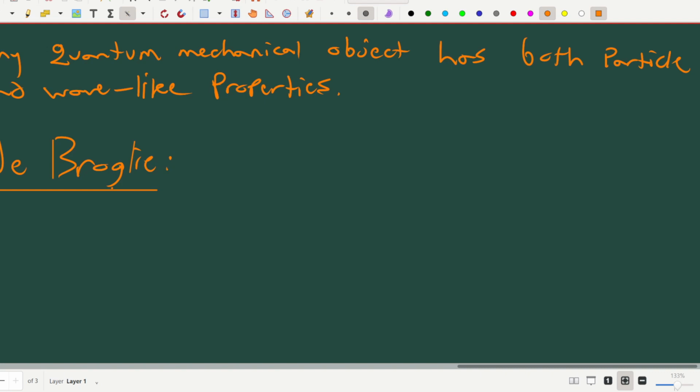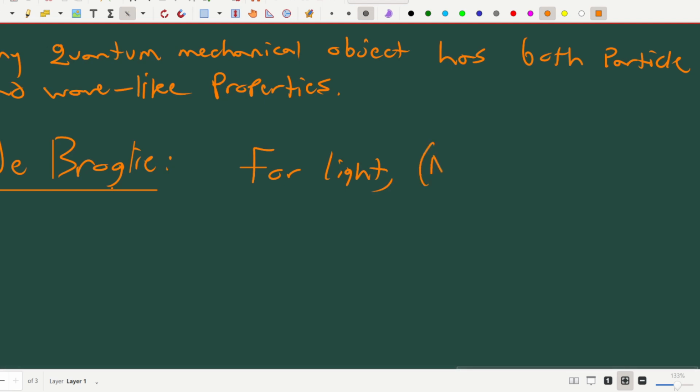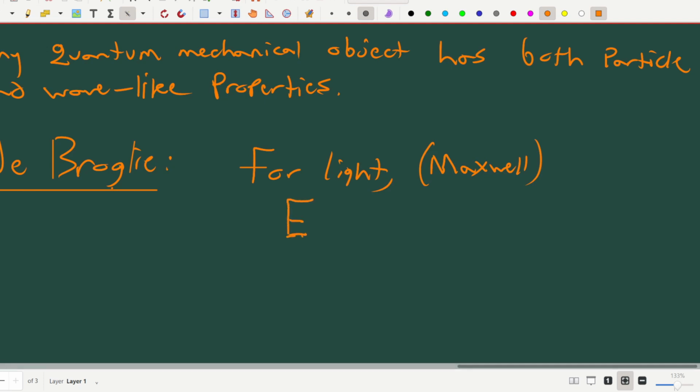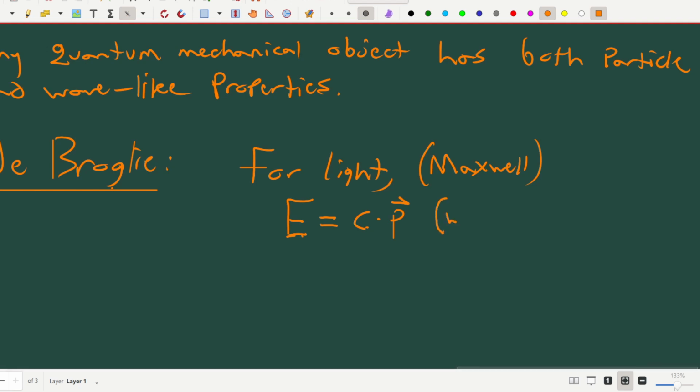He says that, okay, so for light, and this was found out by Maxwell before, so in the 1800s, this is already known, that the energy contained by light or a field is equal to the speed of light times its momentum. So this is the field energy of an electric field, or a wave, if you will. This is the wave momentum and the energy.